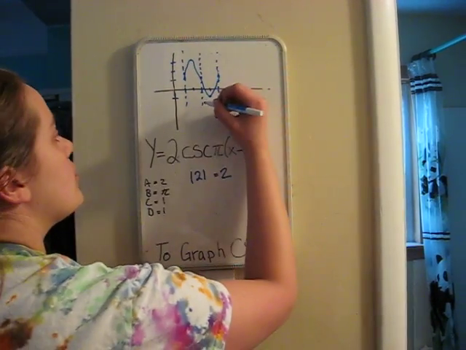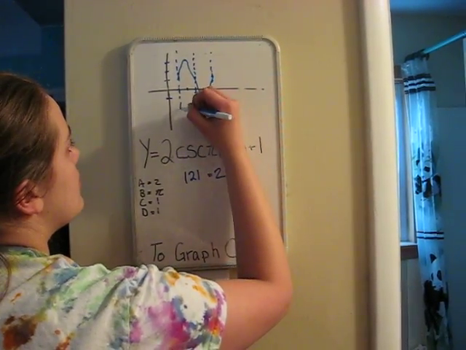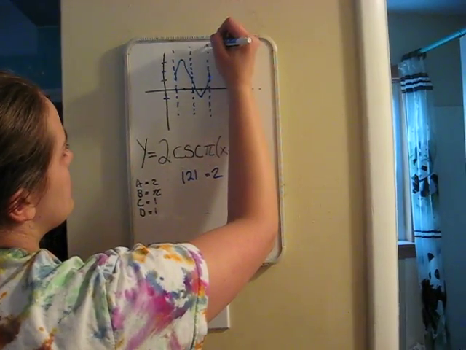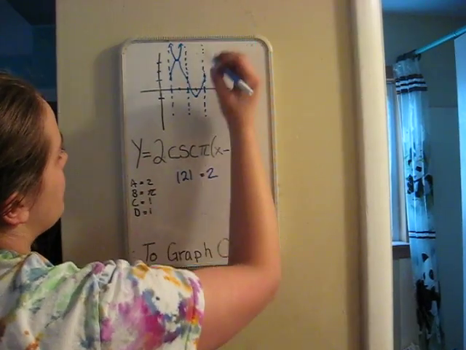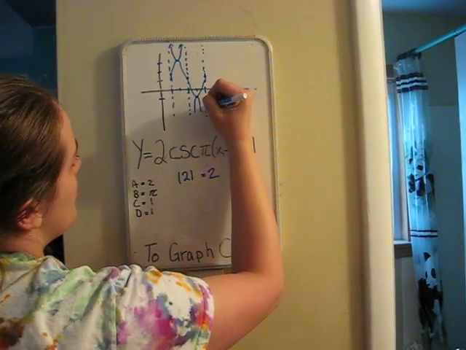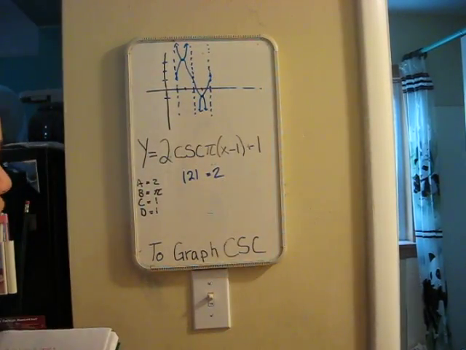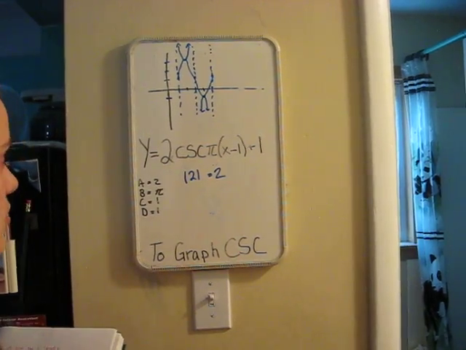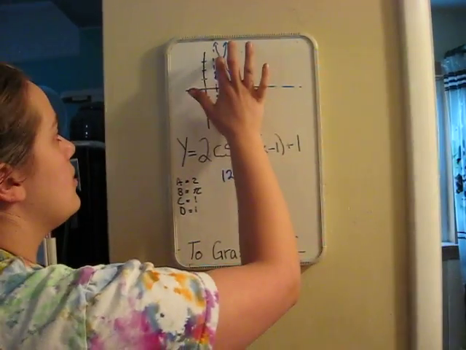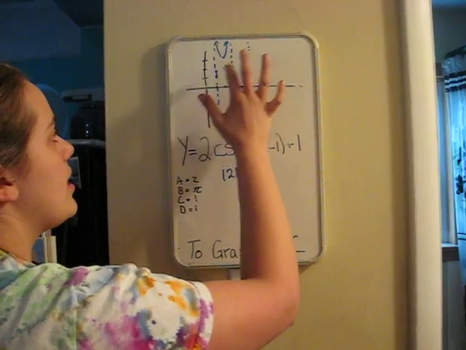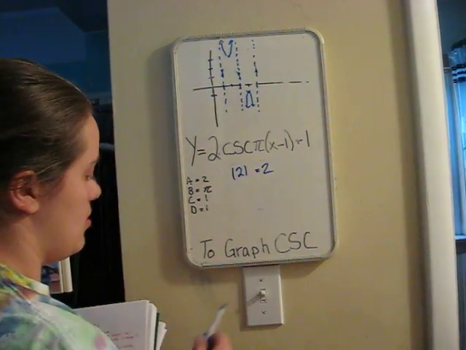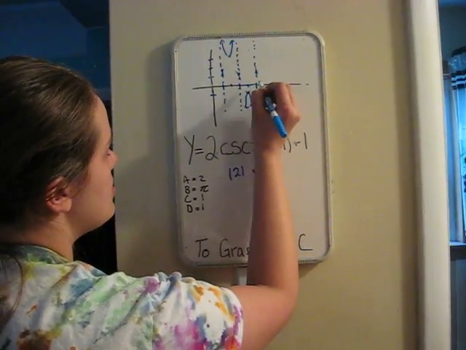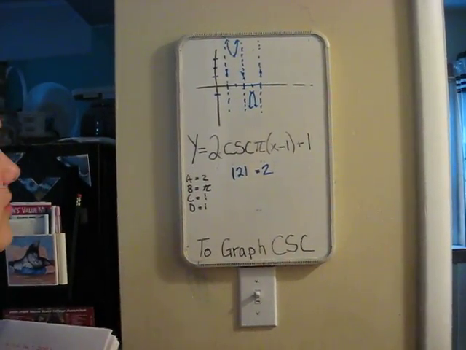Now the actual cosecant graph is little U-shapes that come off the maximum and minimum points, facing away from the sine graph. So that's sort of what we have. Now we don't need the rest of the sine graph anymore, so I'm just going to erase it and fix the axis. And there we have the graphed equation.